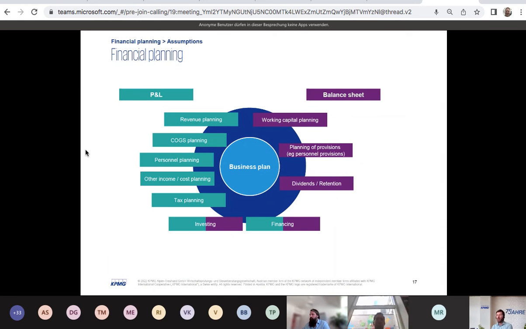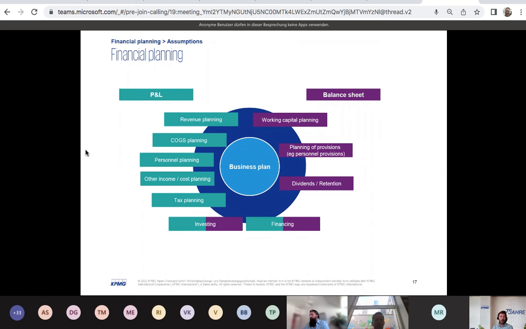And then you have the balance sheet planning with your working capital planning. There it's important that changes in working capital go directly into your free cash flow. And then, yeah, you have also other provisions, sometimes minor positions in the balance sheet. You would plan them in a fully fledged business plan.